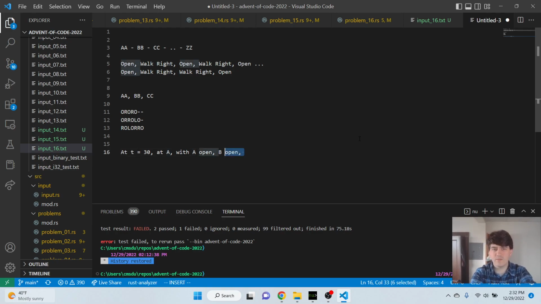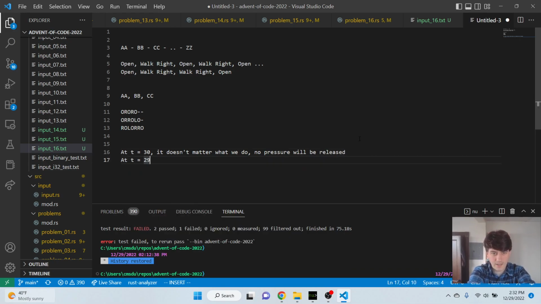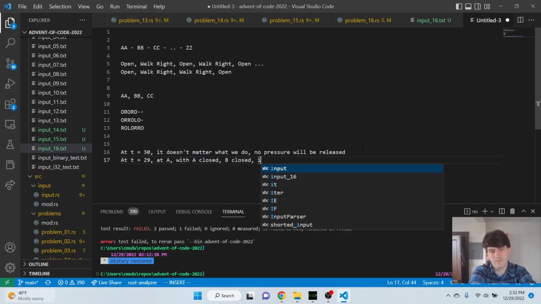So at t equals 30, it doesn't matter what we do. No pressure will be released. At t equals 29, at A with A closed, B closed. Actually, with A closed, it doesn't matter what we do.